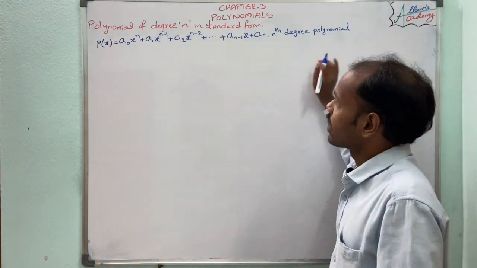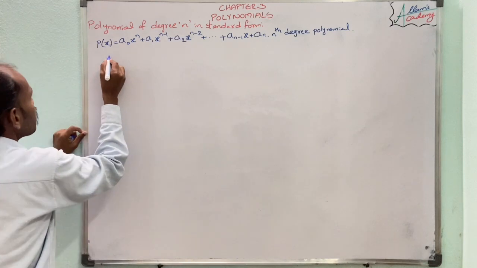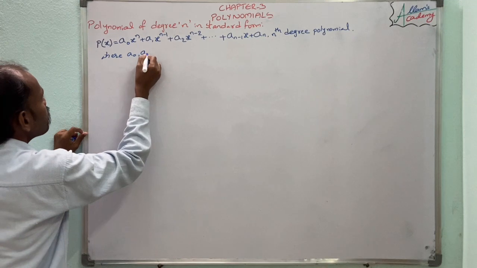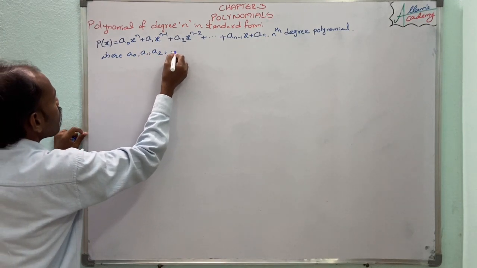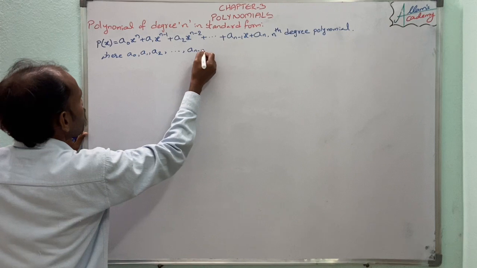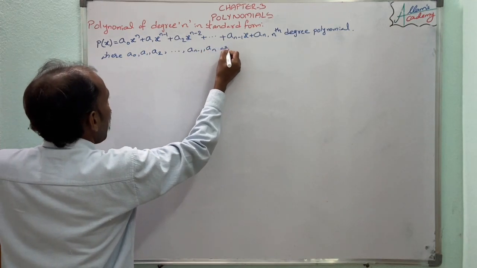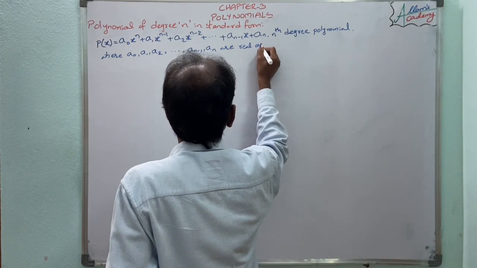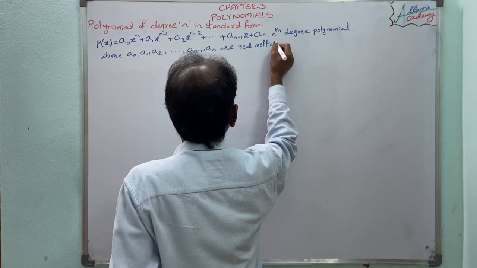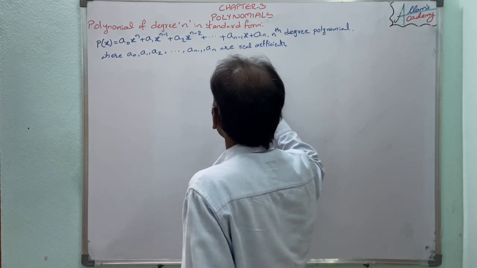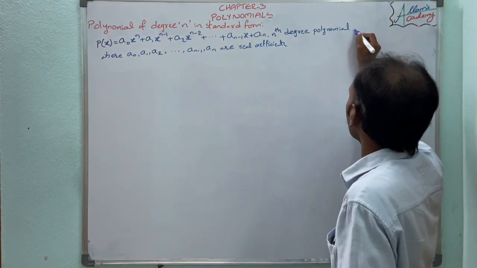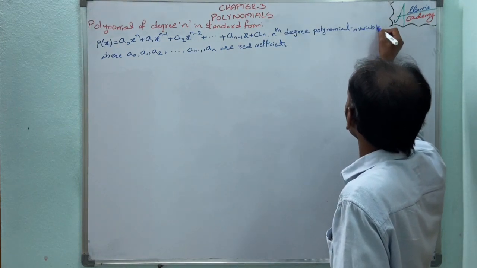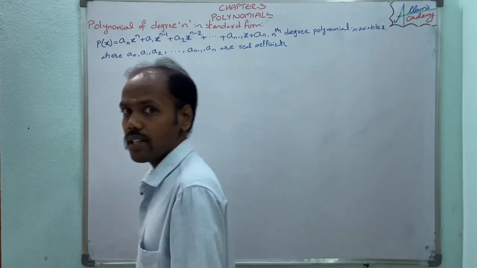In that nth degree polynomial, a0, a1, a2, a3 and so on up to a n minus 1, a n are called real coefficients, and the variable is x.